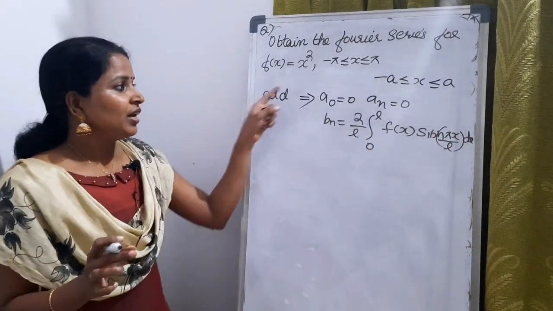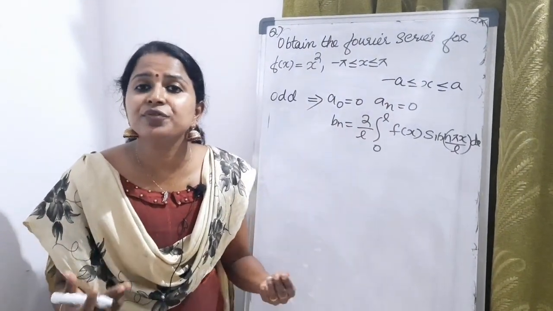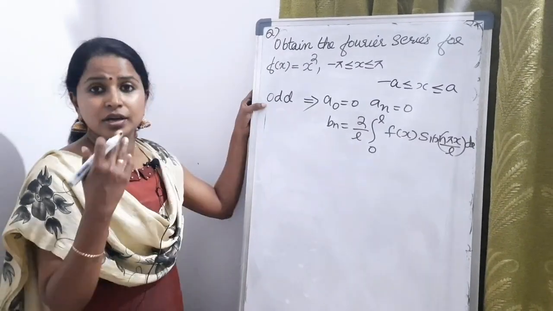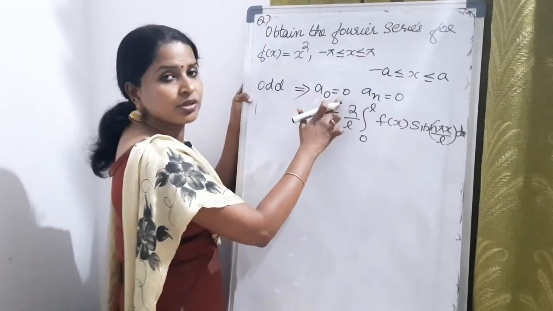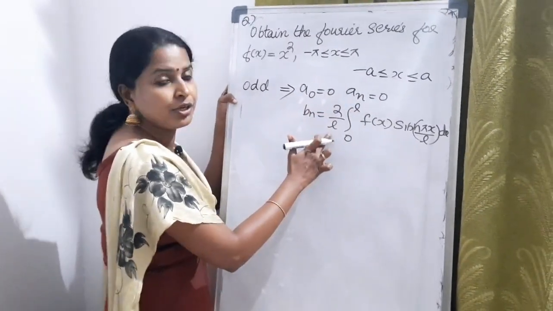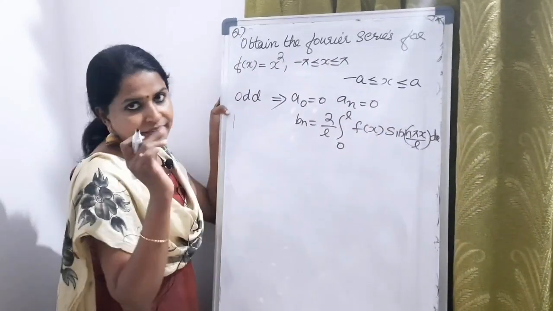Here the limit is of the form minus a to plus a, so we can check whether the function f of x is odd or even. If it is odd, then a naught equal to 0, an equal to 0, and bn is equal to 2 by L into integral 0 to L f of x sin n pi x by L dx.